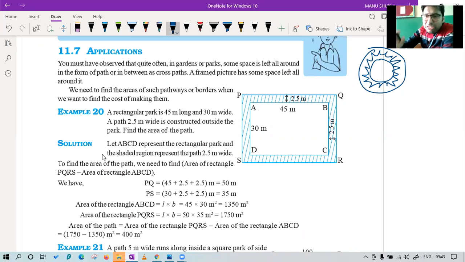We have done many questions on circles where we had to find the area of this ring. What we did, we found the area of outer circle minus the area of inner circle. Today, my request from all of you is to try these questions.